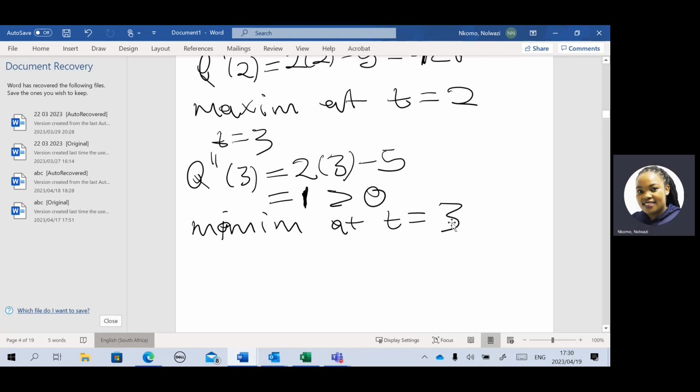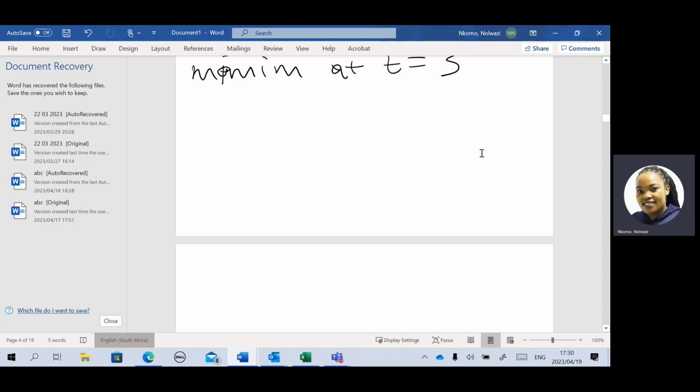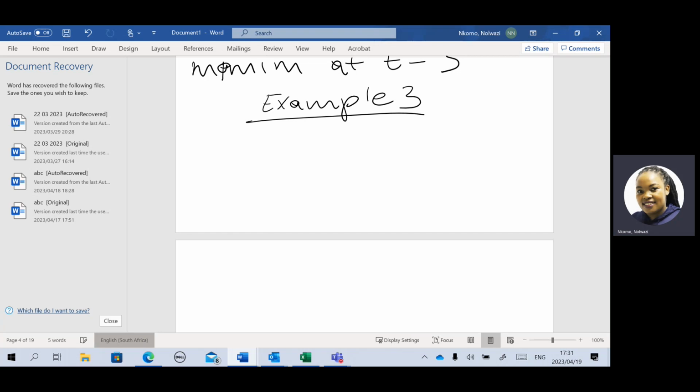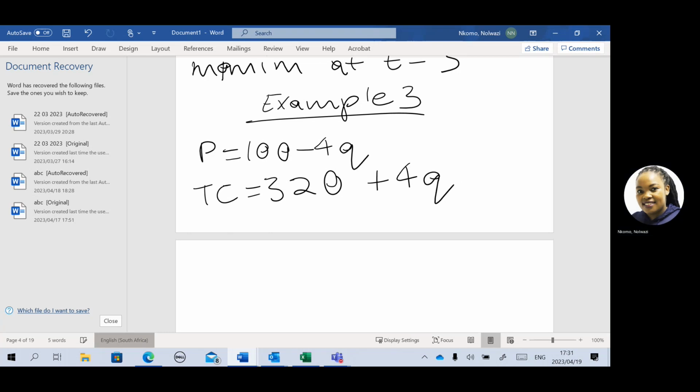Okay, let's do one more example. Example 3. Suppose in example 3, we are given that the demand function for a firm is given by P = 100 minus 4Q, and the total cost is given as 320 plus 4Q.